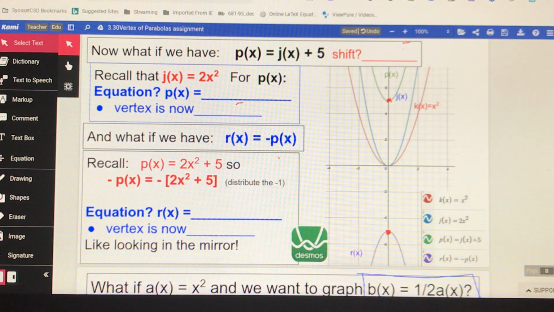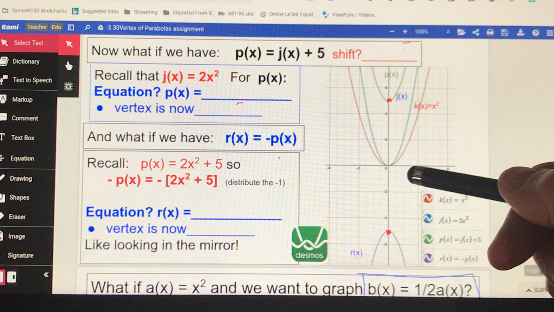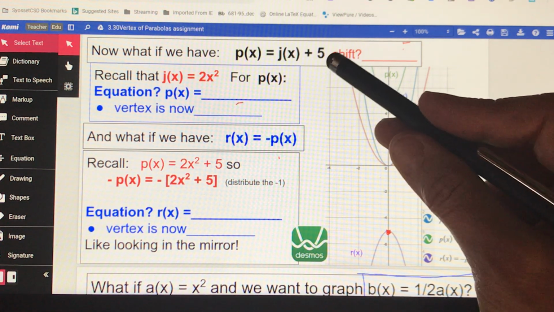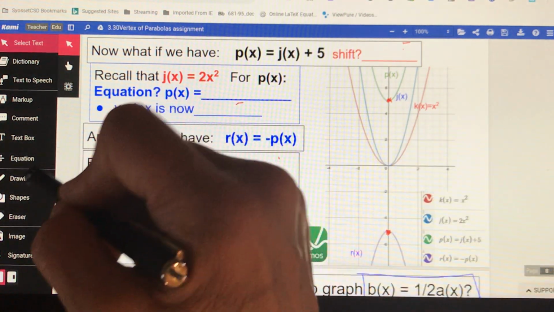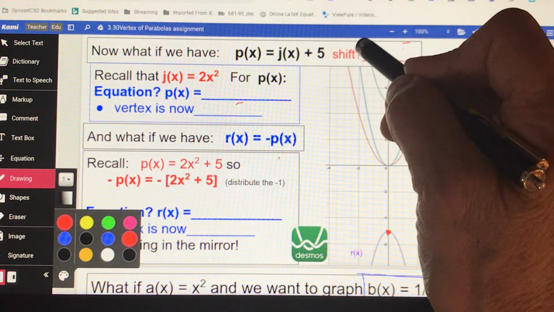Okay, we're going to play with that j of x for a minute, and we're going to add a constant to it. So if you recall, when we add a constant, like 5, that simply translates it up the y-axis 5 units. So the shift here is up 5.